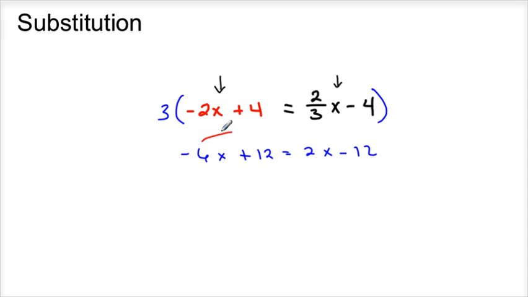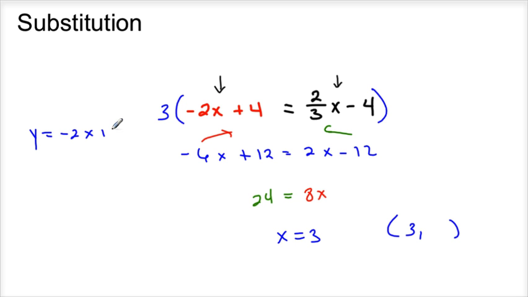I'm bringing my negative 6x over this side, so I have 8x. Bringing my negative 12 over that way equals 24. And then here we see that x is equal to 3. So this is just one coordinate of the point of intersection. We need both coordinates. We need the 3 and then we need the y coordinate. So you could go back into any one of these equations. I'm going to go back to this bottom one here, negative 2x plus 4.